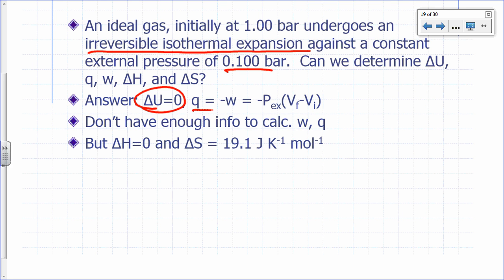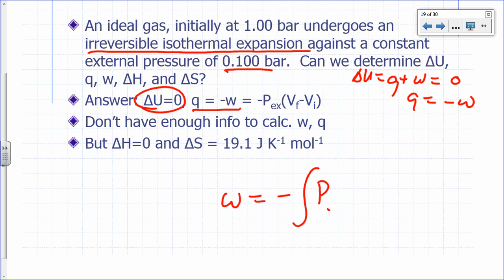So Q must be equal to negative W. Why is that? Because if delta U is 0, then Q plus W must be equal to 0. So Q is equal to negative W. What's the formula for W? It's negative integral of P external dV. So why is that just equal to negative P external delta V?